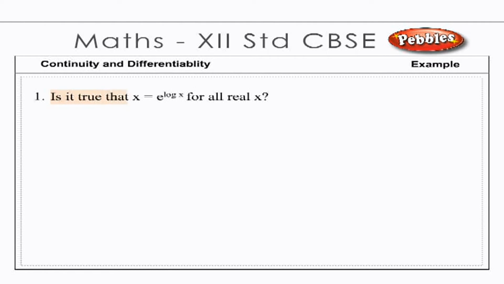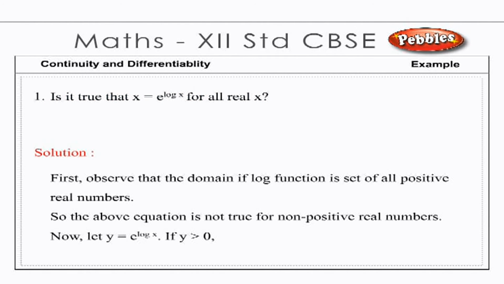Is it true that x is equal to e raised to log x for all real x? Solution. First, observe that the domain of the log function is the set of all positive real numbers. So, the above equation is not true for non-positive real numbers. Now, let y is equal to e raised to log x.